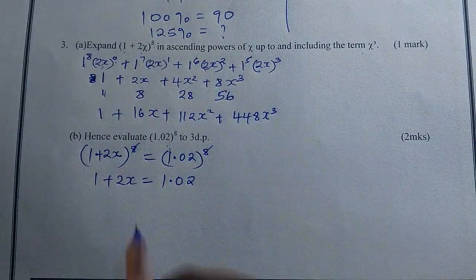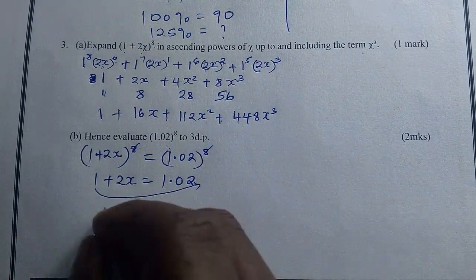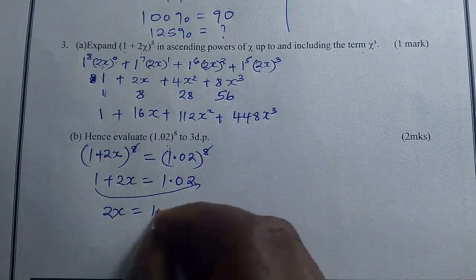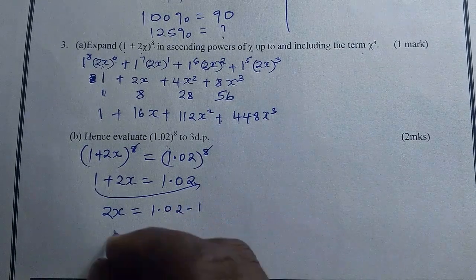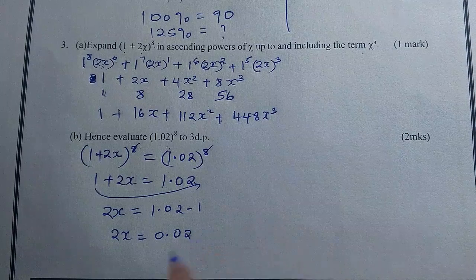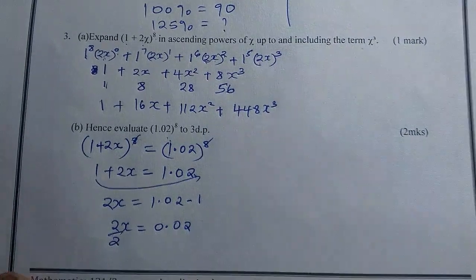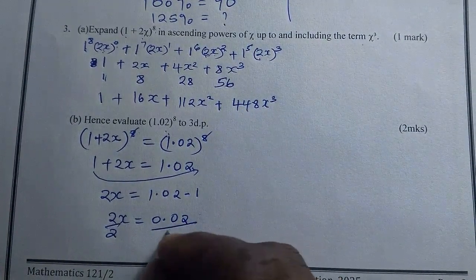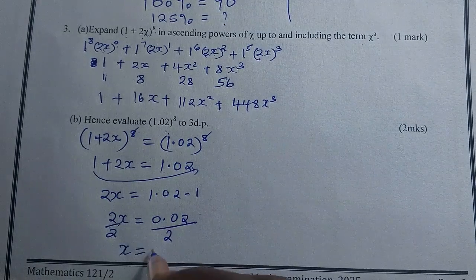Like terms together. 2x is equal to 1.02 minus 1. 2x is equal to 0.02. Divide by 2 both sides. So x is equal to 0.01.